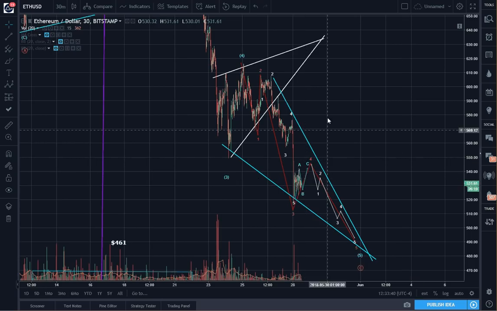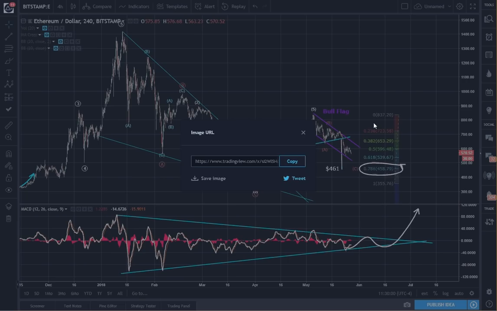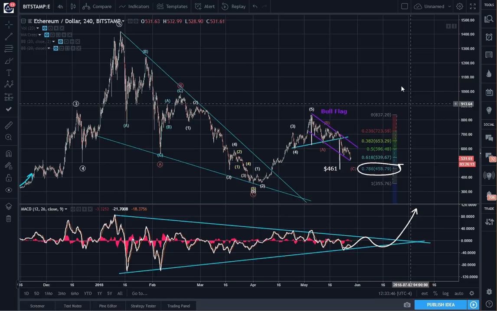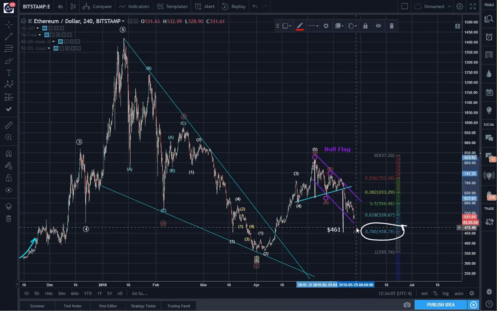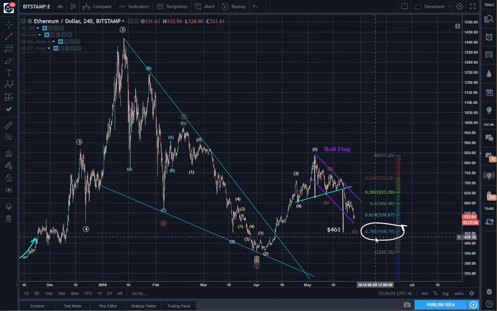Now, if we go to the longer term, we are looking at the same thing. It hasn't changed much at all. The ABC, the bull flag, is still in play. And the end of the bull flag should ideally be at 0.786 or 0.458 or 0.461.